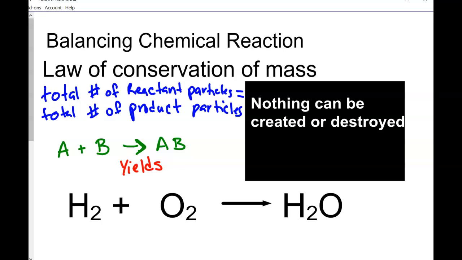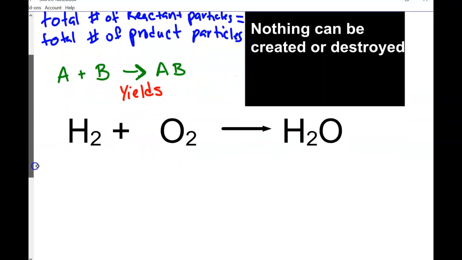All right. So let's take a look at our first example of a synthesis reaction here. I just happened to pick this reaction because it's so super common. So we have H2 plus O2 yields H2O. This is the synthesis of making water.